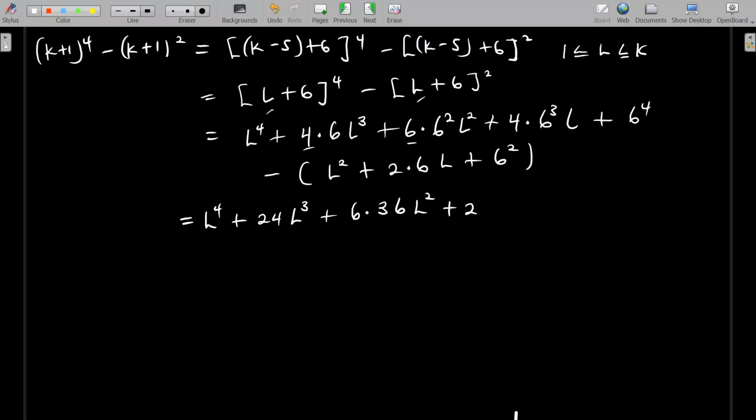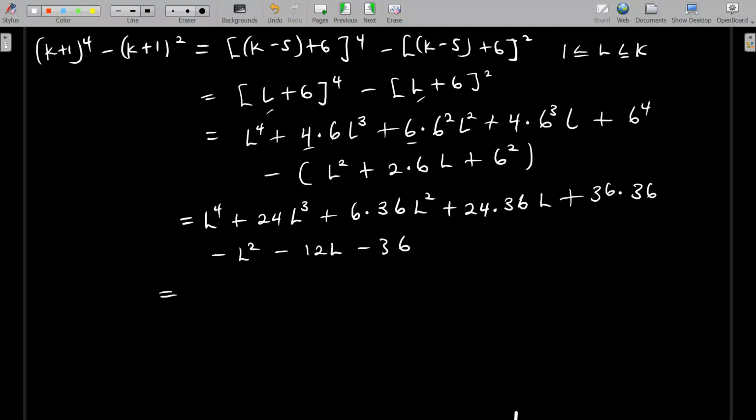36, oh, so sorry. Let me pick my pen. 36, then L plus 6 to the power 4 is the same as 36 times 36. I mean, it's 6 squared times 6 squared, so I can write it that way. And minus L squared minus 12L minus 36. All right.